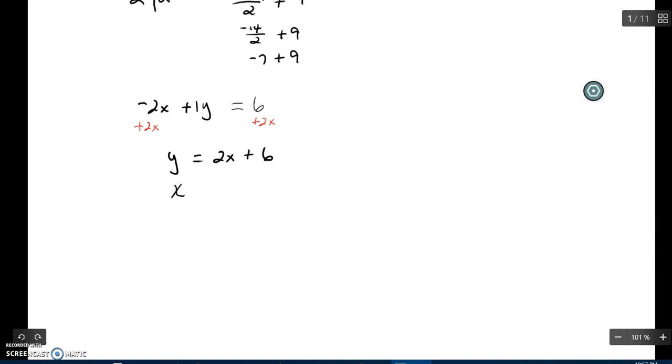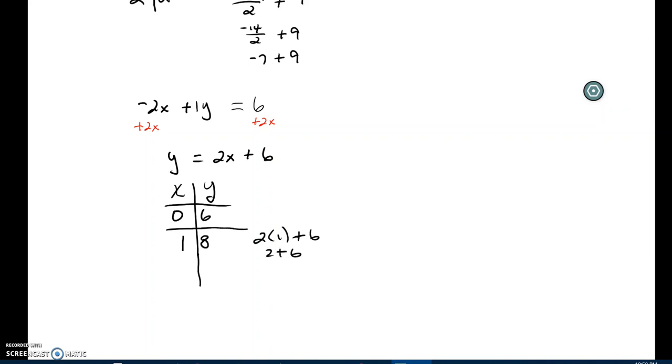Now we're back to what we did before. Just plug in any x value we want and find the y value. Well, never pass up a chance to let x equal 0. 2 times 0 is 0, and 0 plus 6 is 6. Let's let x equal 1. Well, 2 times 1 plus 6 is just going to be 2 plus 6, which is 8.